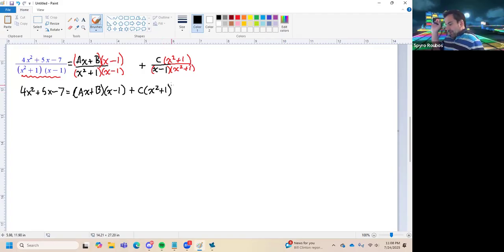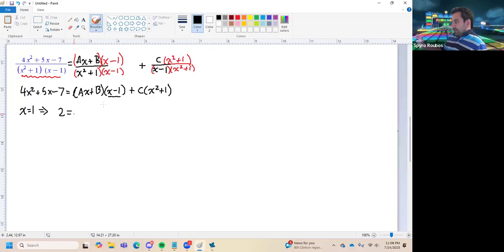Okay, so, well, we can at least start with the same thing that we did. We want to let x equal 1 to kill this guy. So on the left side, when I plug in 1, I'm going to get 4 plus 5 minus 7, so 2.